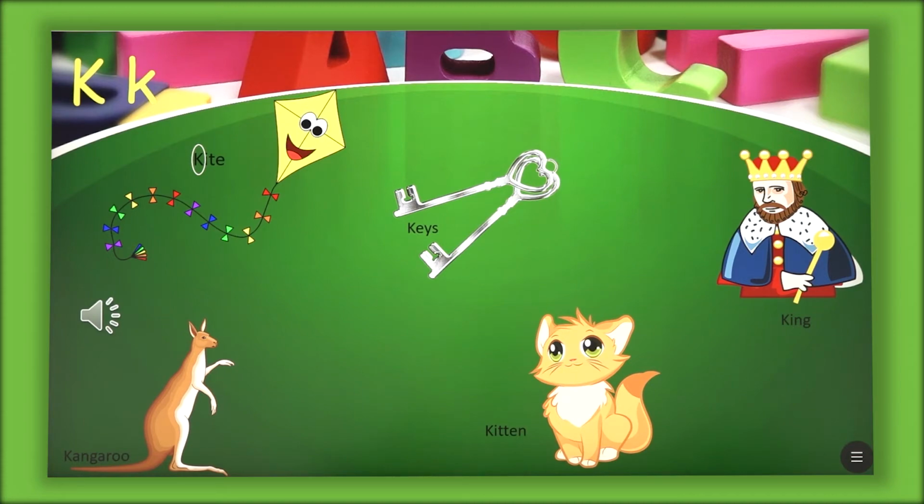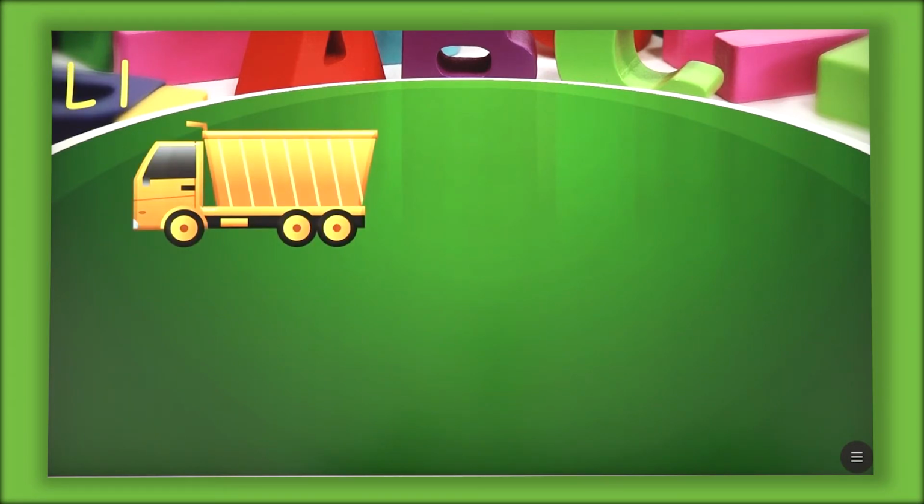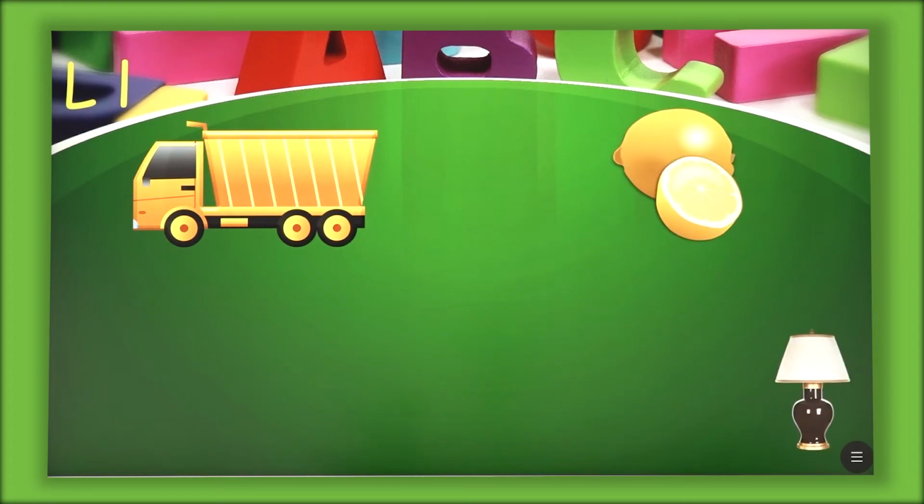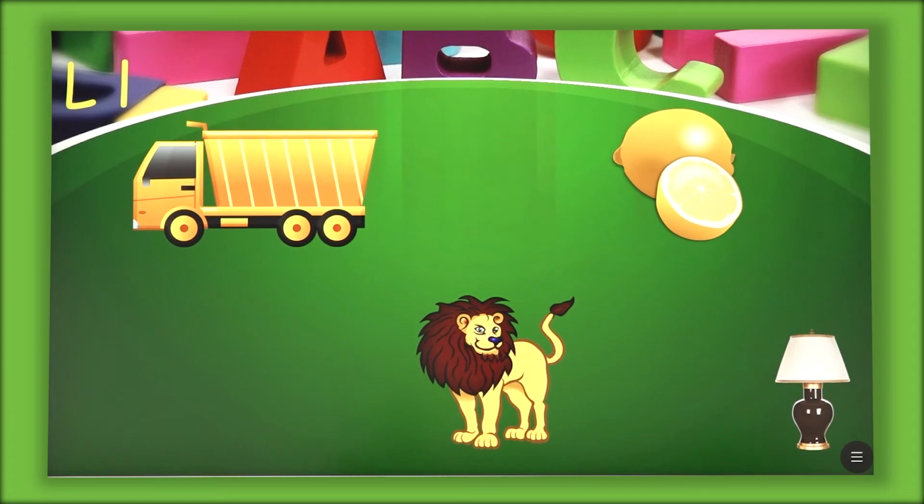Now let's start with the last letter for today, which is letter L. Let's see the words that we have for this letter. Lorry, lemon, lamp, lion, and leaf. Now it's your turn. Let's repeat them together.